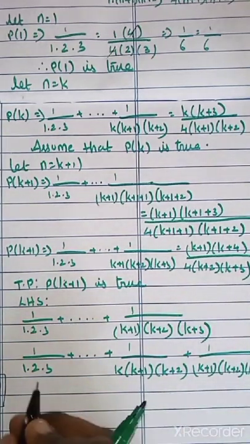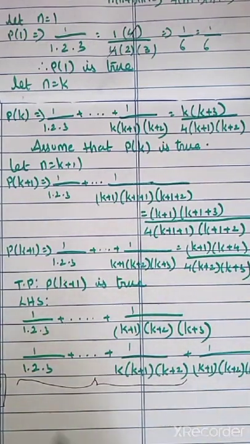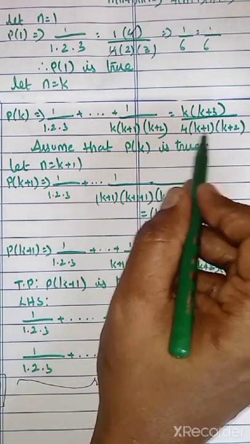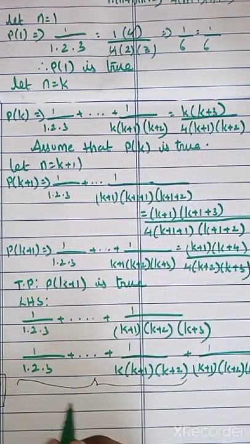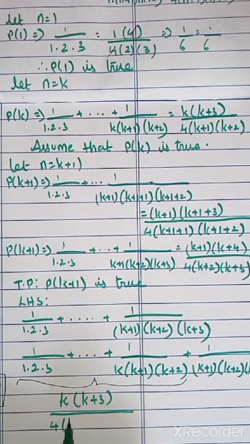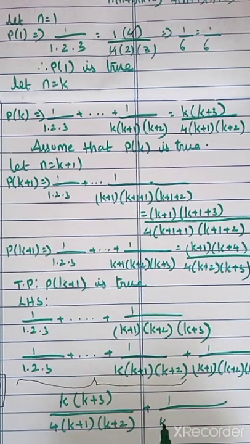Now, this is your k term, correct? So instead of this one, look at your k term right hand side, we can write k into k plus 3 by 4 into k plus 1, k plus 2, and the last term will be this one, 1 by k plus 1, k plus 2, k plus 3.